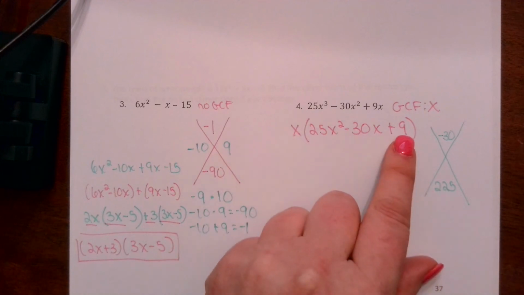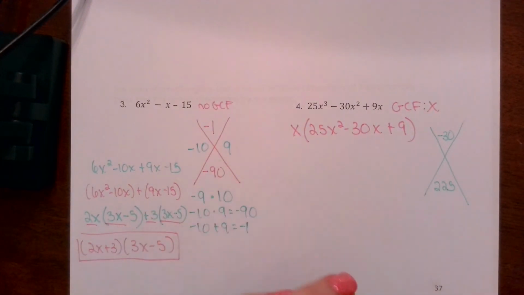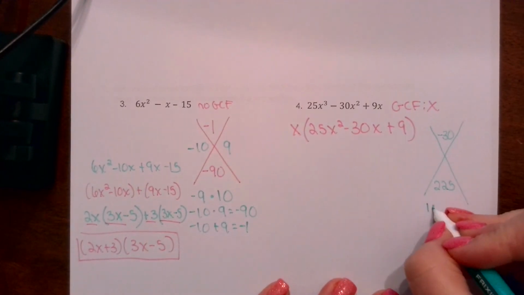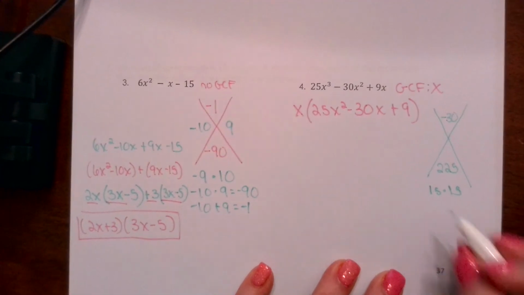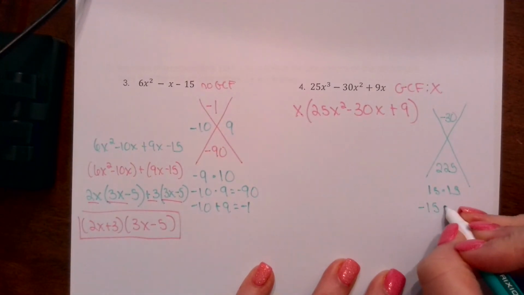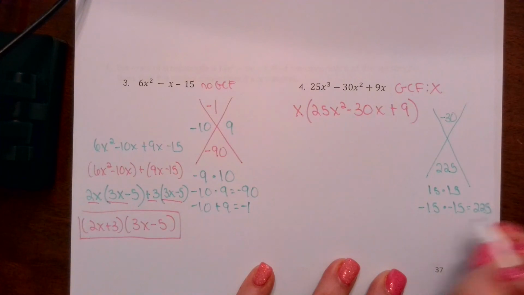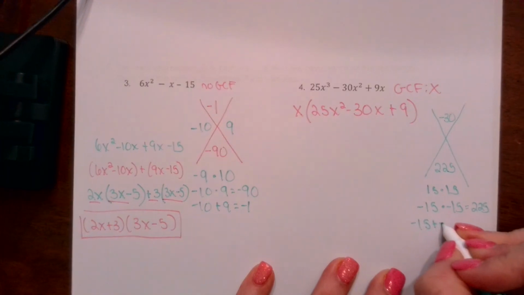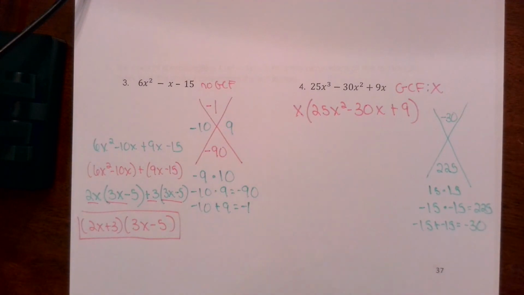So let's kind of go from the 9 range. And if I can go up to 12, 13, this is where I know 225 is a perfect square of 15 times 15. 15 times 15 does equal 225, but so does negative 15 times negative 15. And negative 15 plus negative 15 equals negative 30. Now, I kind of got right there.